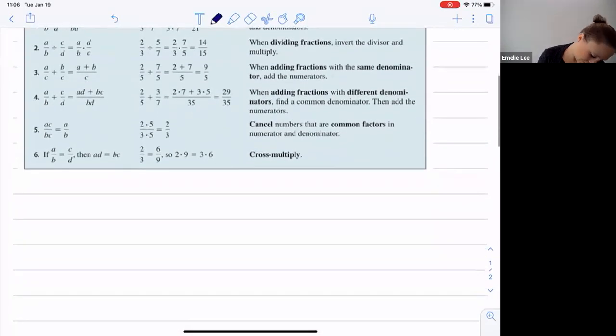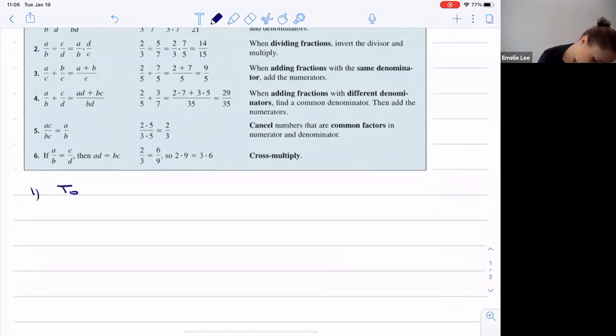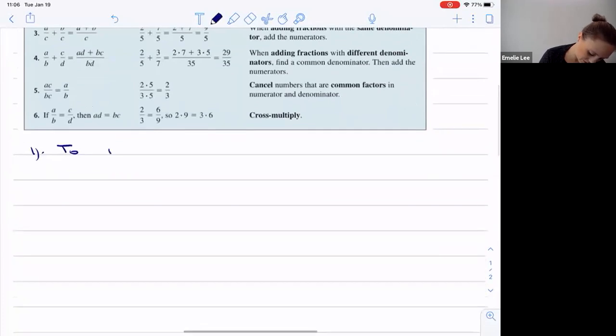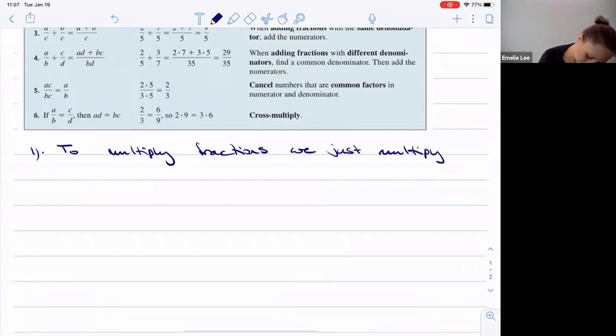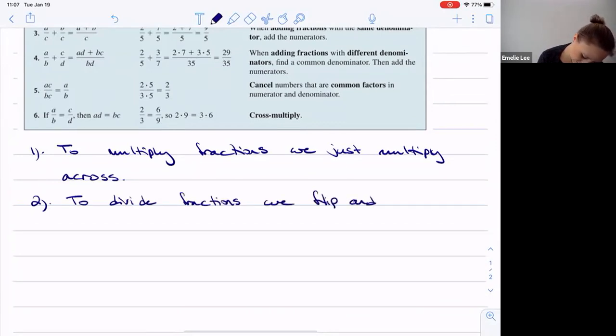So the first one, this is still a review: to multiply fractions we just multiply across, whereas to divide fractions, we flip and multiply. Once you're back to multiplying, it's easy. You can just smush things across.